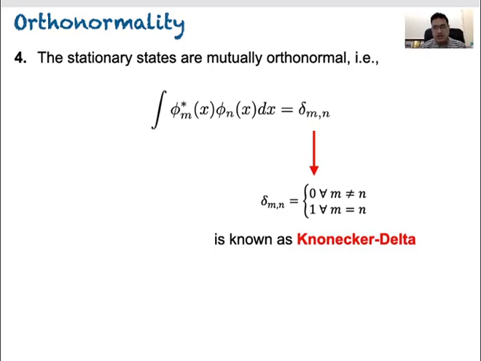It is 1 when both indices are the same, m equal to n, otherwise it is 0 when m is not equal to n. So let's check whether this condition is fulfilled by the wave functions for a particle inside a rigid box.